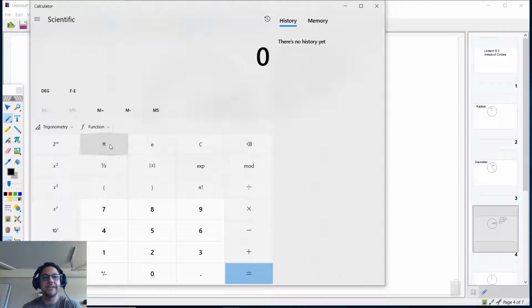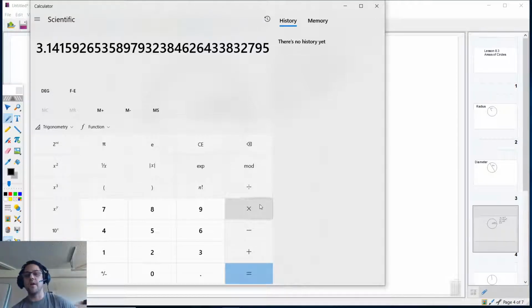And when I press it, it is not 3.14. The calculators and computers are able to multiply a lot more quickly and accurately than what we can do by hand, because if you look at all of these digits, pi is continuing on. It's an irrational number. When they find its digits, they're on the millionth digit right now. Some supercomputers are doing it. Why they're doing it, I really don't know.